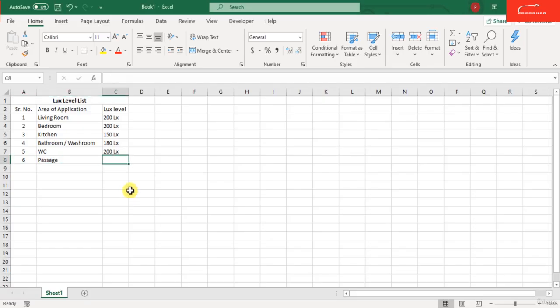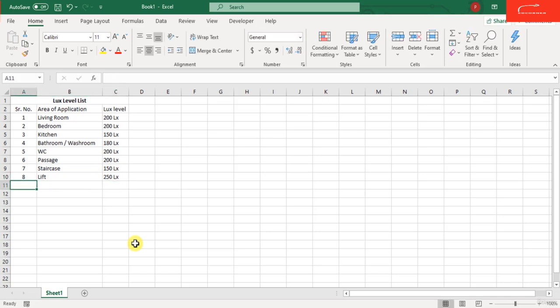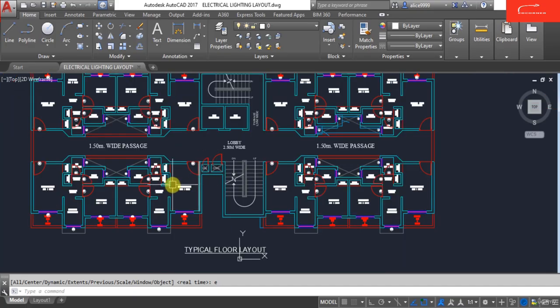So the passage requires 200 LX. The staircase requires 150 LX. In the lift, we require 250 LX. These are some standard lux levels required for the residential area.